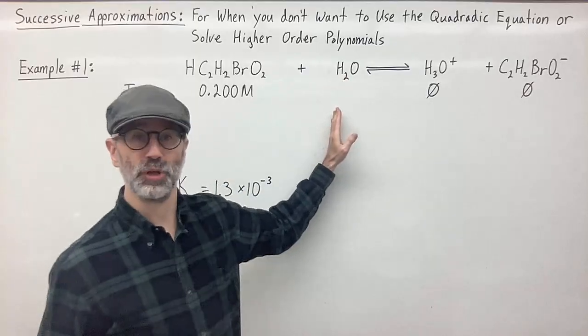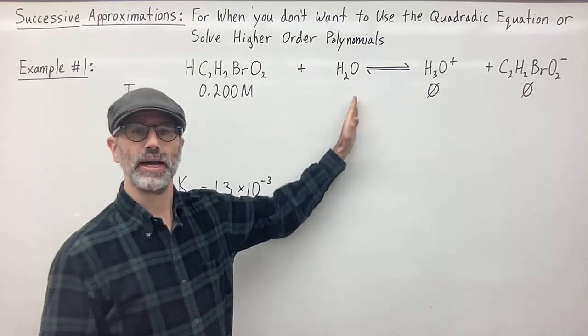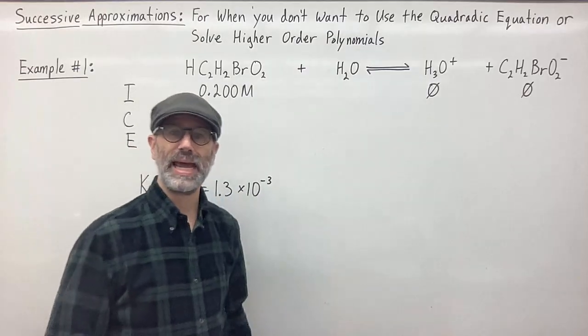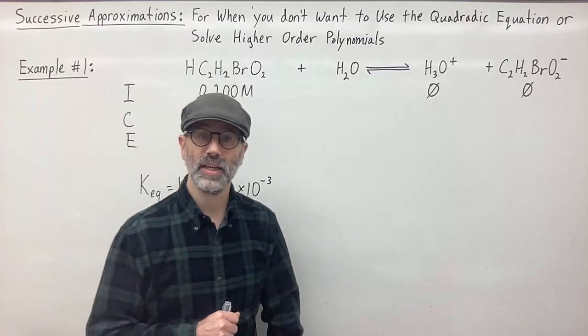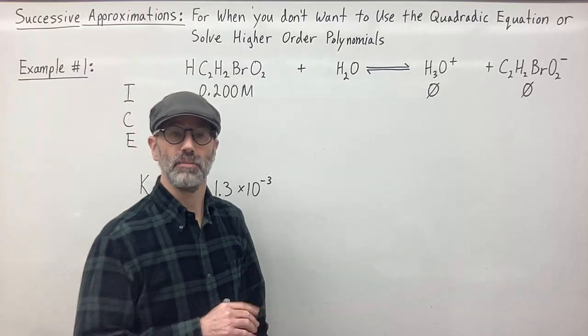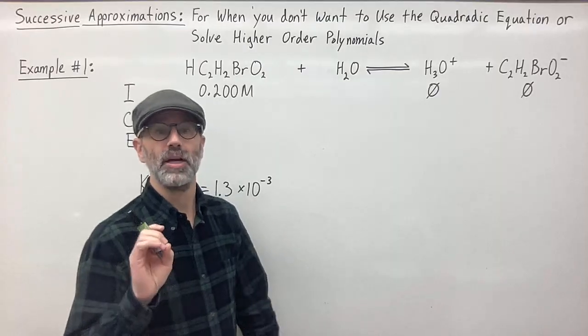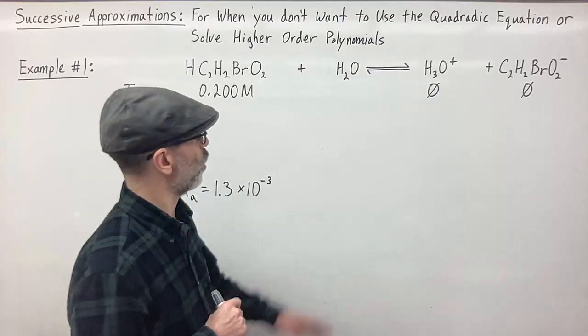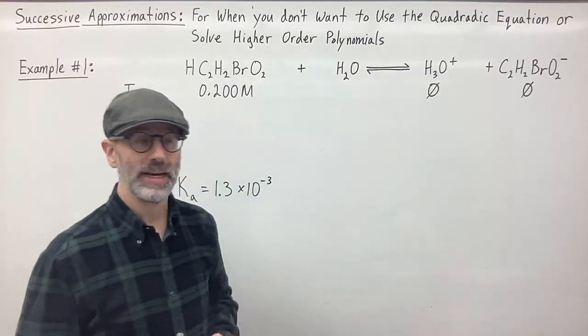Now, water is not really part of the reaction, or at least it's not aqueous, right? So again, liquids and solids and gases, gases can be in the equilibrium constant expression, but remember, solids and liquids aren't. So water's a liquid, so we don't include that in our expression.